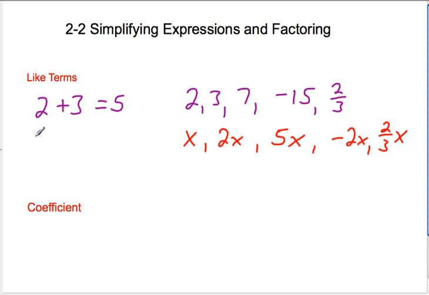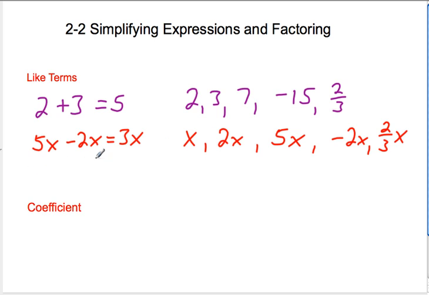So if I said 5x minus 2x, that would equal 5 minus 2 is 3, so that would equal 3x. It's like saying you have 5 basketballs and someone takes away 2 basketballs, you still have 3 basketballs left.